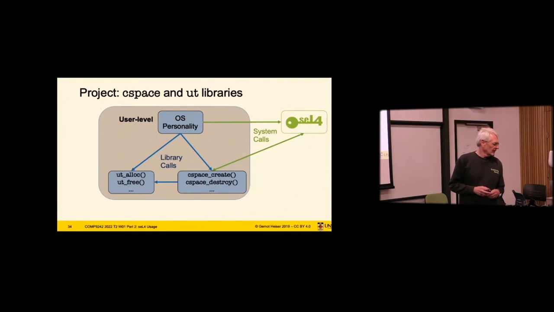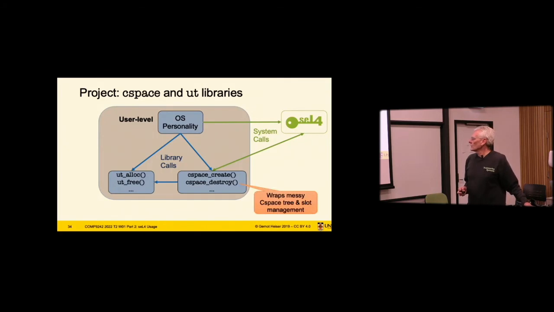In particular, untyped memory (UT) management, and some others, and a C-space manipulation library, and they basically communicate with each other by either function calls, so you map these into your process, or system calls via seL4. And C-space manipulation is just very messy and complicated and easy to get wrong, so that's why we give you that library.